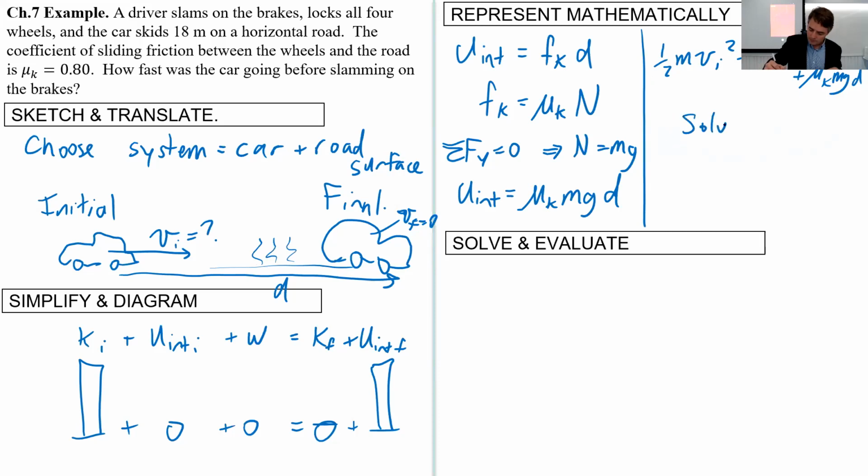So solve for v_i. I think there's an m on both sides of that equation, so the m's cancel.